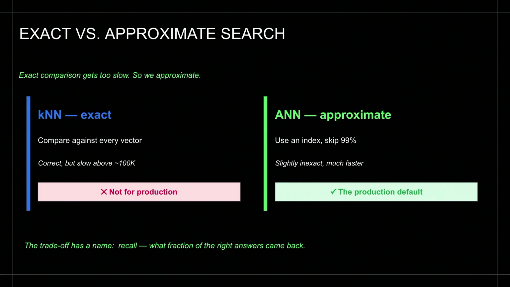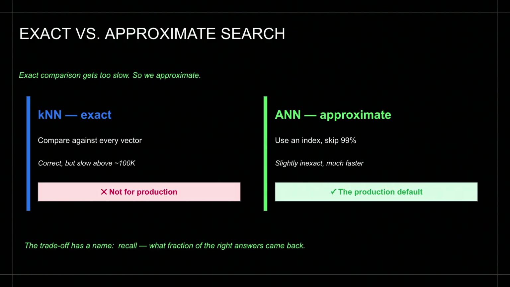So ANN, or approximate nearest neighbor search: instead of comparing with all the vectors in the database, you use an index and skip 99% of the database and then search within the rest of the data. So you won't get the exact answer. If you're searching for the top 10 products, with exact search you'll get the exact top 10 products.